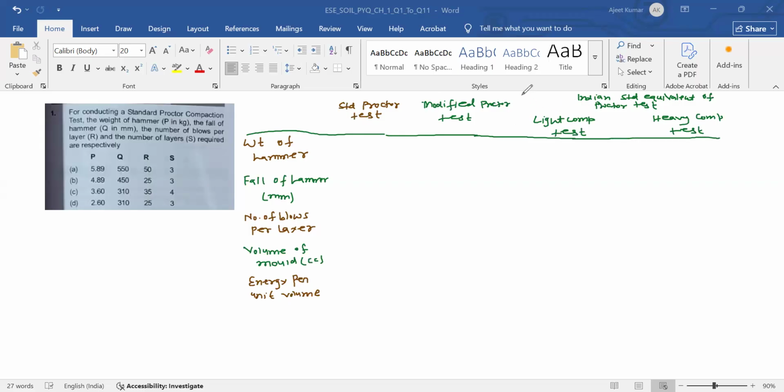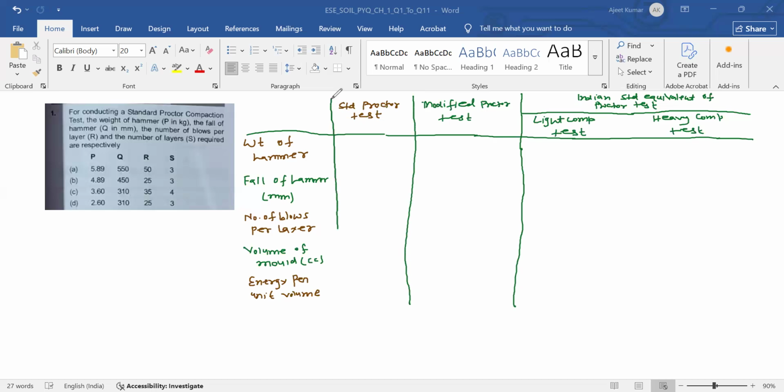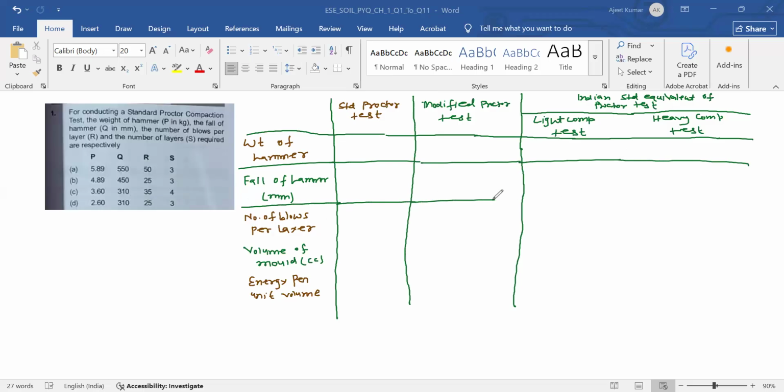This is a very important table. Just remember these values.